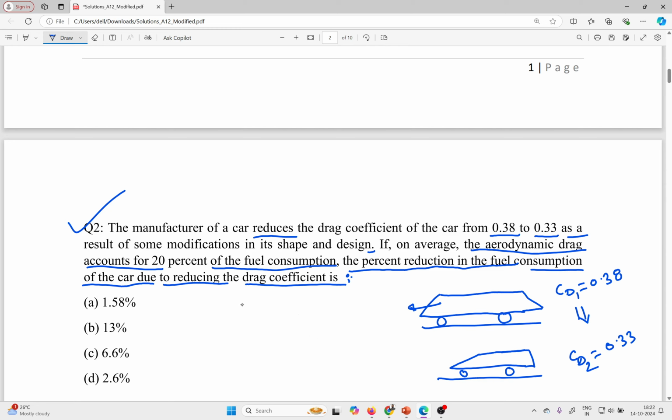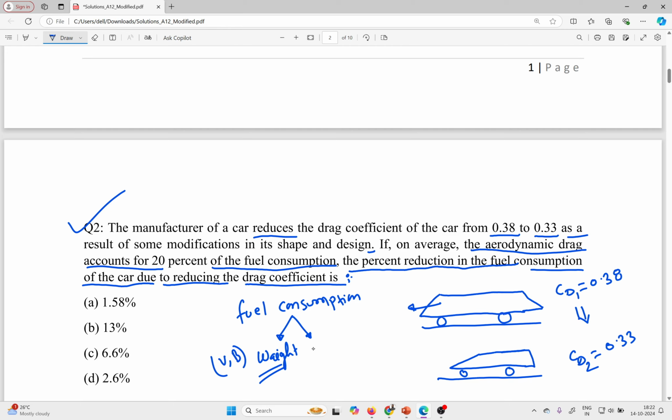Now the fuel consumption is by two things. One is basically for the weight of your vehicle as well as your body.